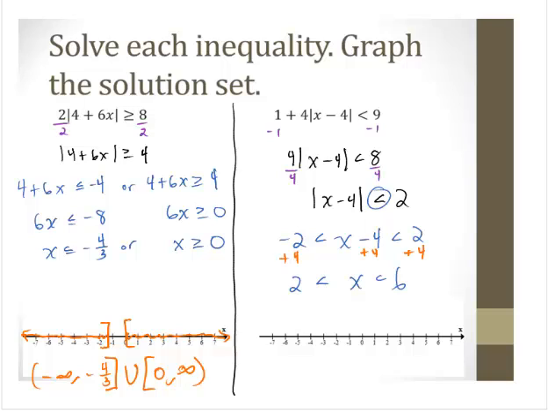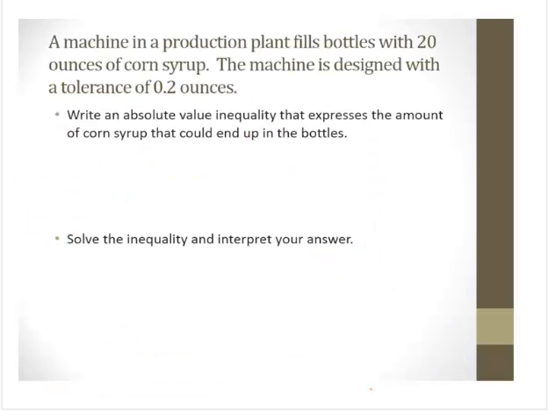And so to draw this on the number line, a parenthesis at 2, a parenthesis at 6, shaded in between, and if we want the interval notation, parenthesis 2, comma, 6, close parenthesis. All right, we'll finish off this section with an application.